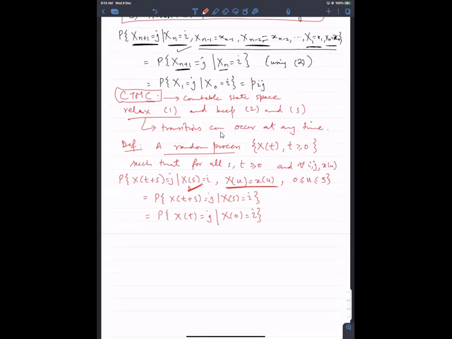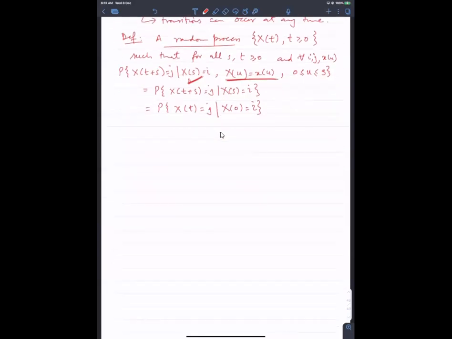So I'm going to give a couple of definitions. One very important one is the holding time. Remember, we said that in a continuous time Markov chain, you can transition at any time. So what is the holding time? Let tau i be the time a CTMC spends in state i before transitioning to some other state.